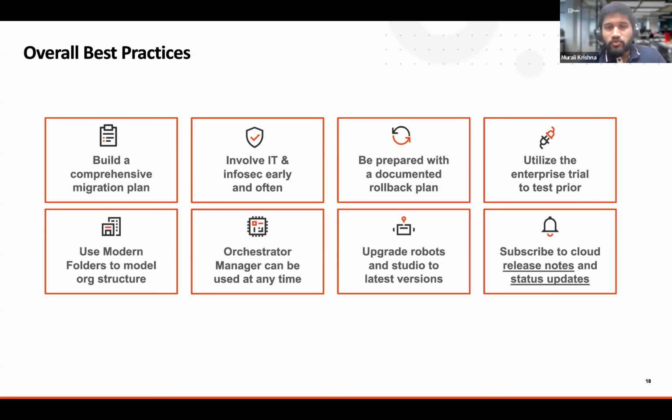And when it comes to Automation Cloud, you need to make sure that all your robots and Studio are aligned with the latest versions. In on-premises, you might have different support strategies or different paths to support the Orchestrator and Studio versions. But in cloud, we recommend our customers always be on the latest versions of Robot and Studio, because cloud gets updated frequently.